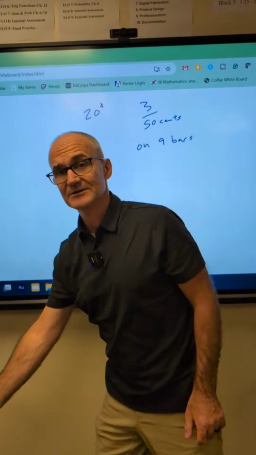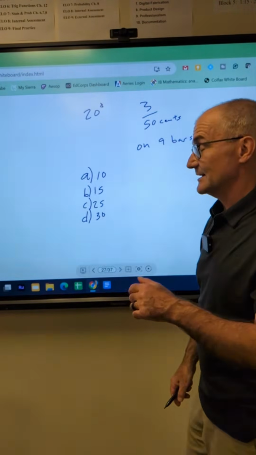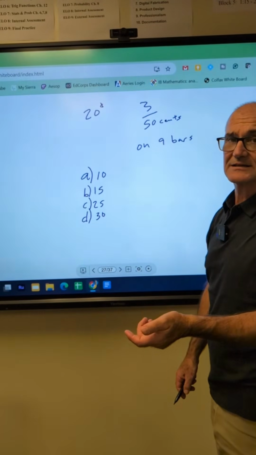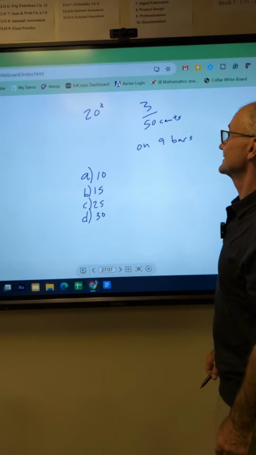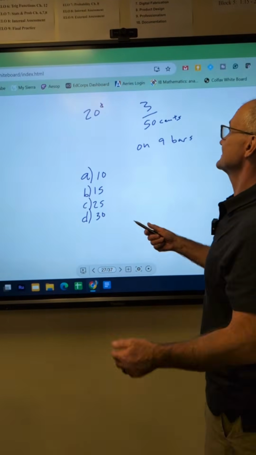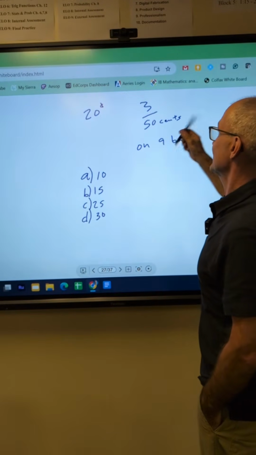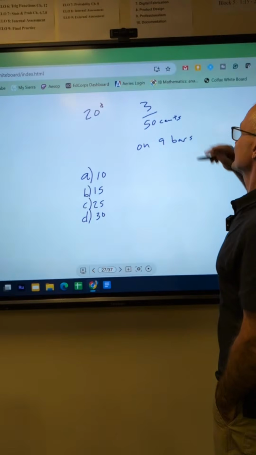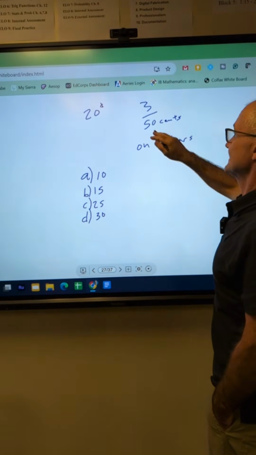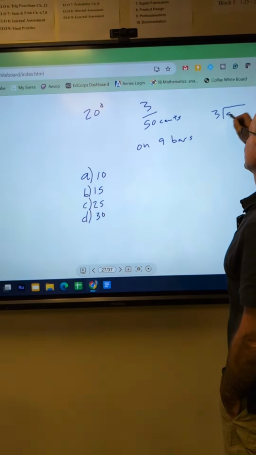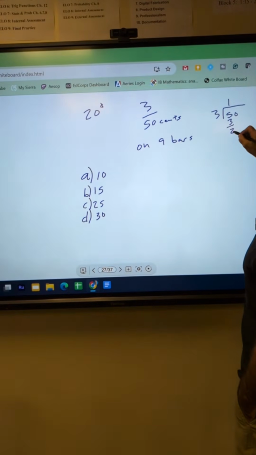So I got to figure out the sale price, right? Then once I figure out that sale price, then I have to figure it out times 9. Okay, well, let's do that. So 3 bars are for 50 cents. So I have to figure out how many times 3 goes into 50. 3 goes into 50 one time, bring down the 0. 3 goes into 20 6 times to give me 18. 2, so 2/3.